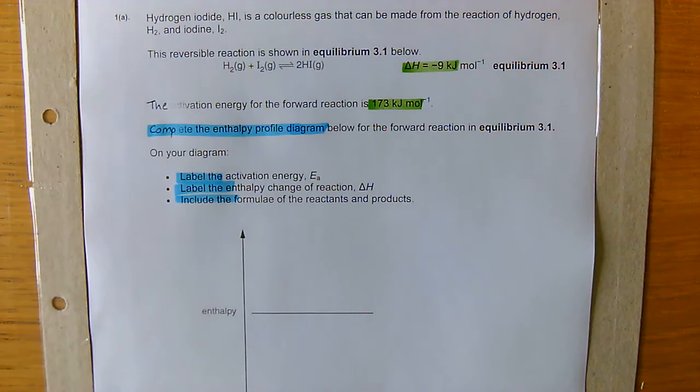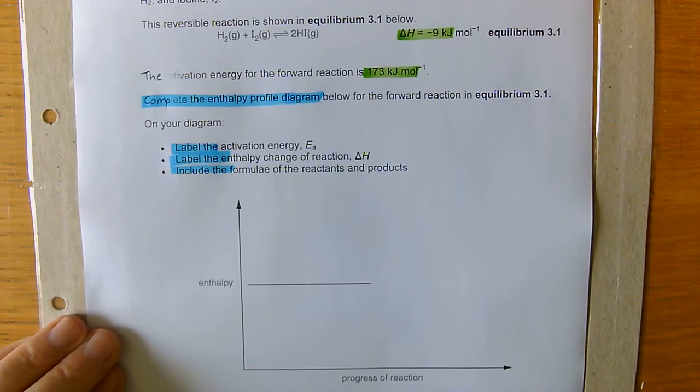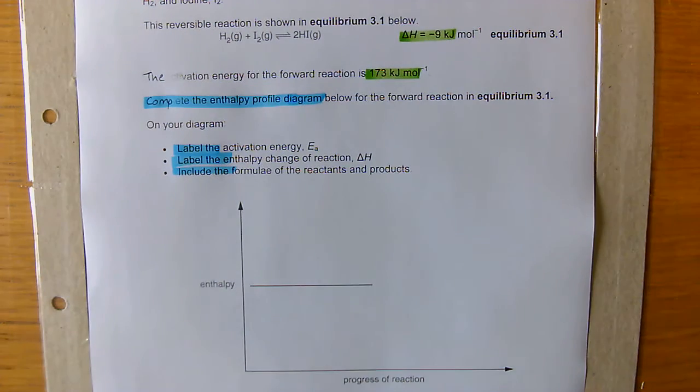If you've done this question, that's great, carry on. If you've not done this question yet, you might want to pause the video here and have a go. Right, so where are we going to start? We're going to start with our enthalpy of reaction, that is minus 9. That minus sign tells us that the reaction is exothermic.